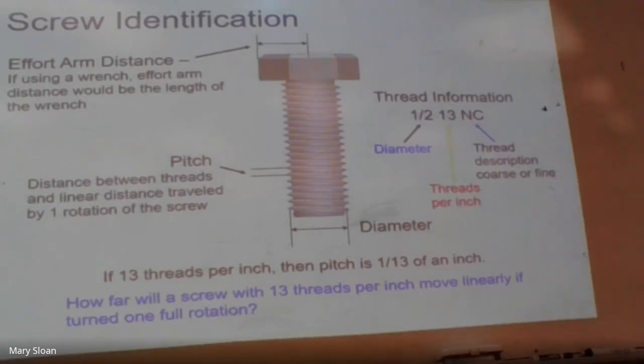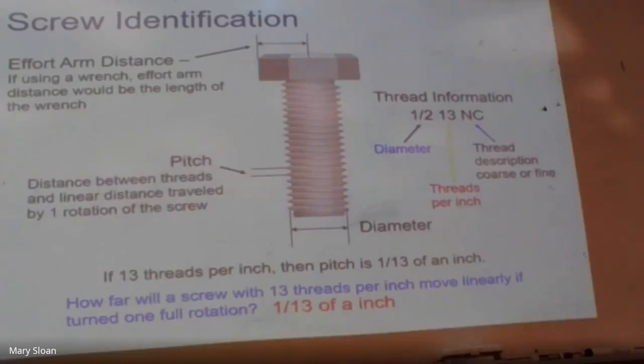It'll move 1/13 of an inch. Very good. Wow, y'all doing great.